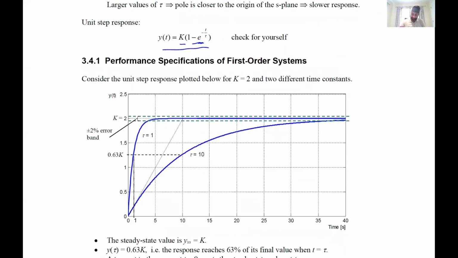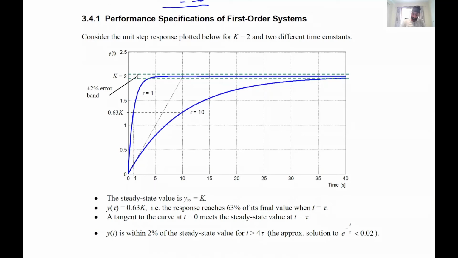If we replace time t with tau, we get the response y equal to k times 1 minus e to the power minus 1, which equates to 0.63 of k. So at time equal to the time constant, the response is 63% of its steady state value.